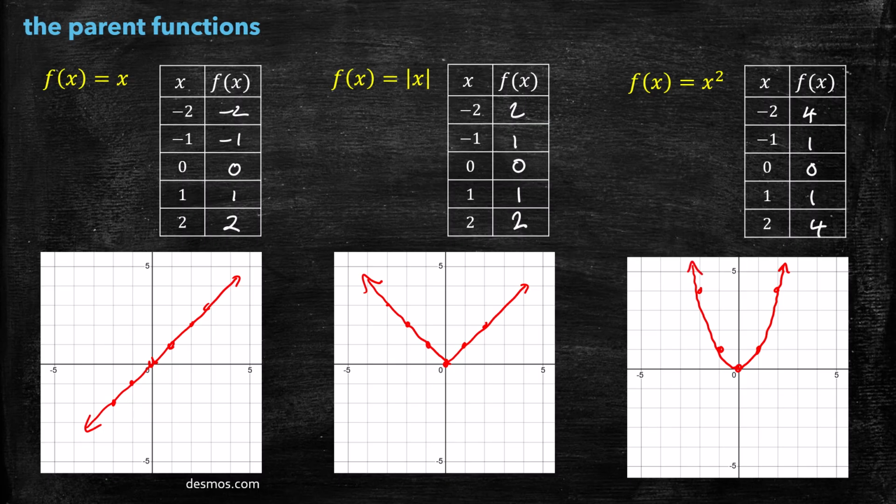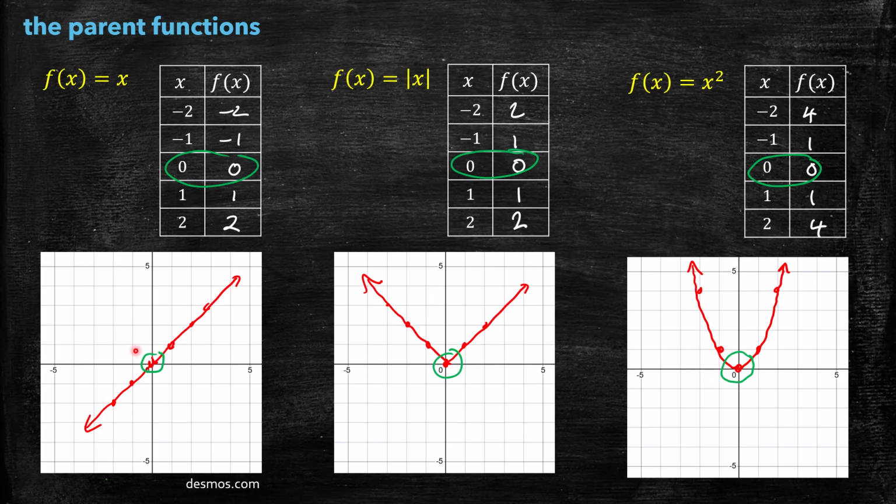And I want you just to pay attention a little to this point here, 0, 0. Notice that they all share this. Well, in fact, they all share 1, 1 as well. But I'm going to refer to this point here as the pivotal point. So for y equals absolute value of x, that's the vertex. And for x squared, it's also known as the vertex.